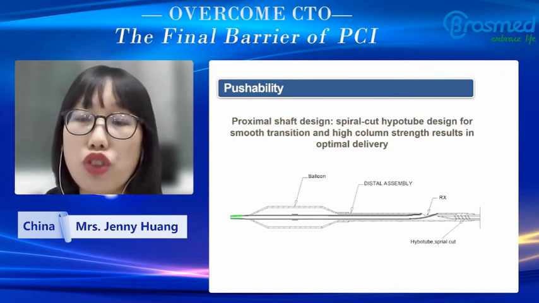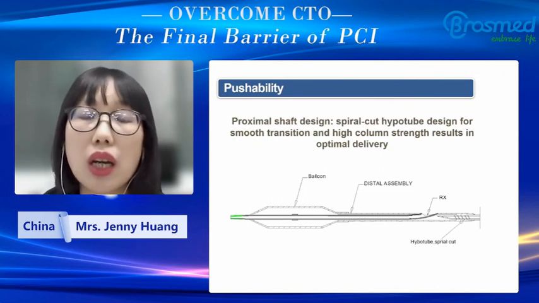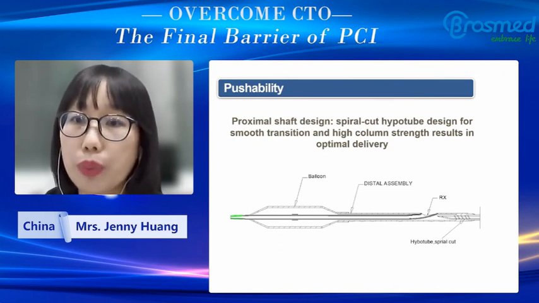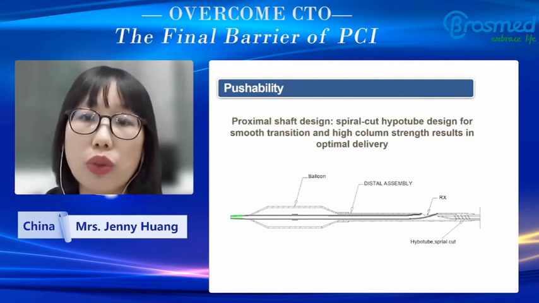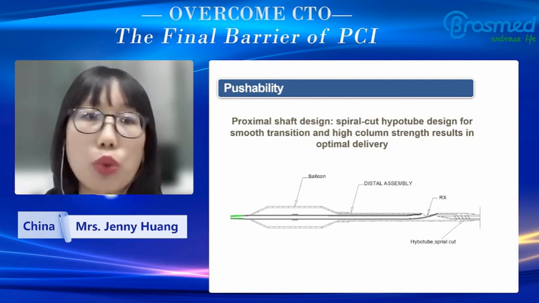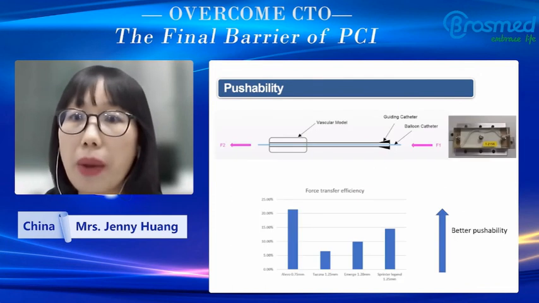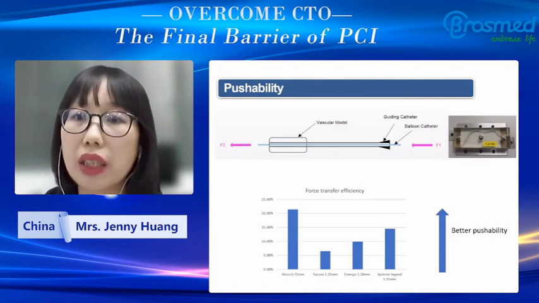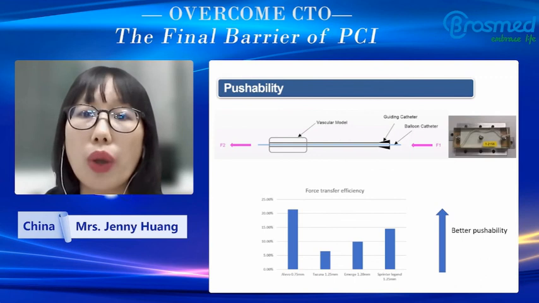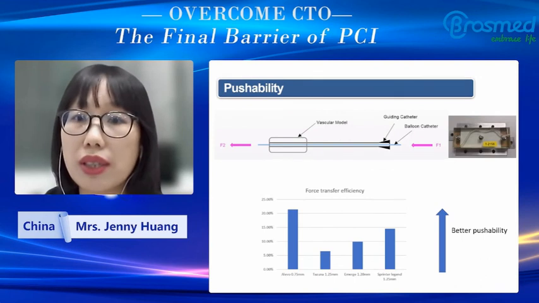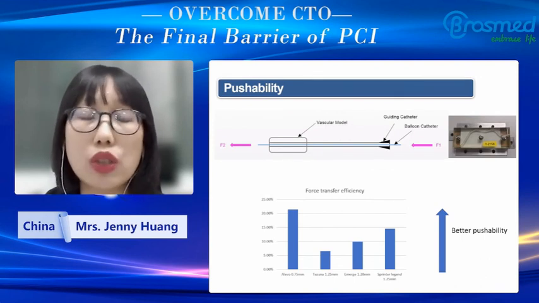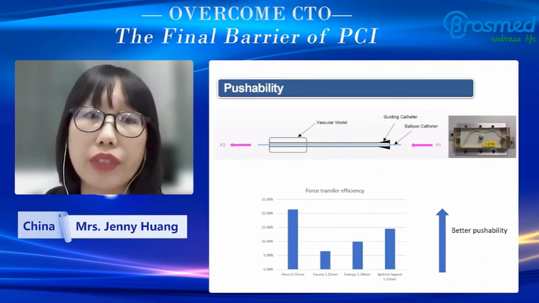For the proximal shaft, we adopt the spiral cut hypotube design, which will transform the proximal shaft to distal shaft smoothly and effectively. Based on the above design, we test the pushability as the picture showed. We measure the proximal force at the hypotube and distal force at the end of tip.